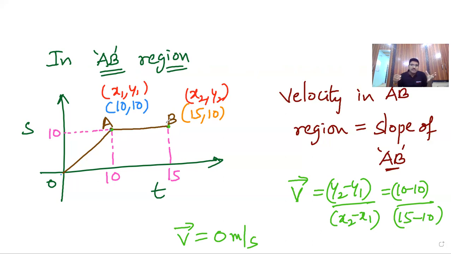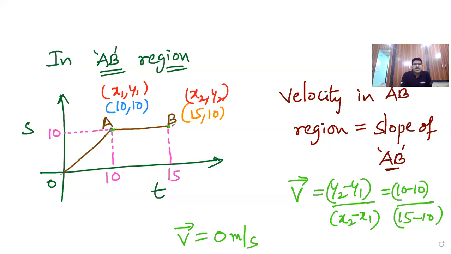When there is 0 displacement, velocity is also 0 because velocity is displacement by time. So from now on, whenever you see a line parallel to the x-axis, in that region velocity is 0, because there is no displacement.